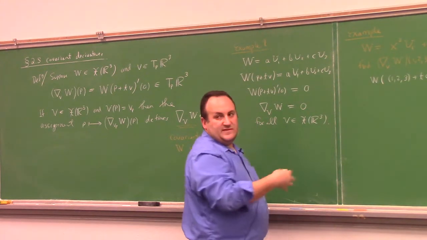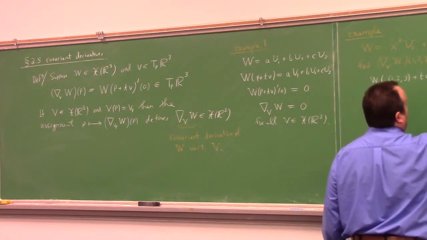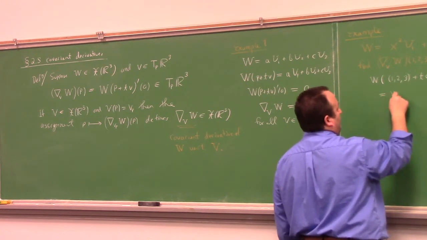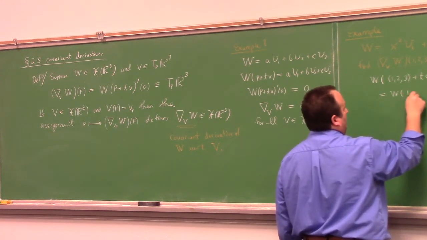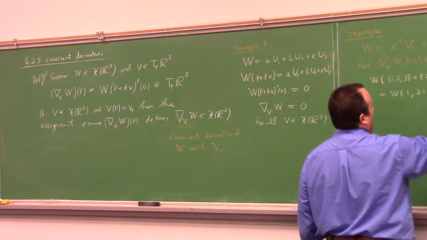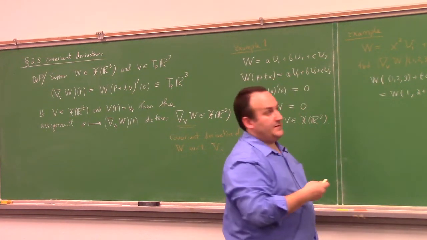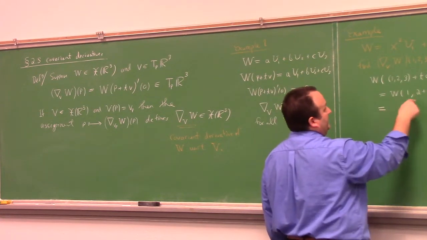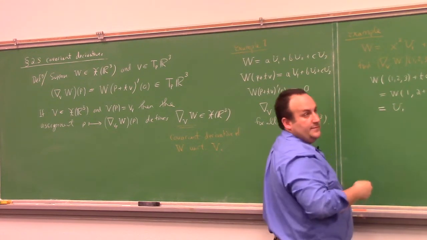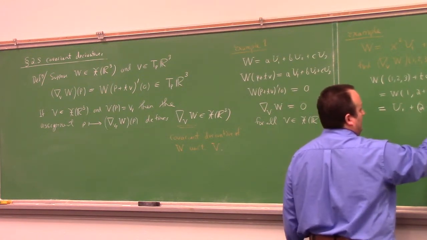This is W of P plus tv, which is, let's see here, W of 1, 2 plus 2t, 3 plus t, right? Now this W, I do x is equal to 1, so I've got u1, and my y is 2 plus 2t, and that goes in the u3 direction.